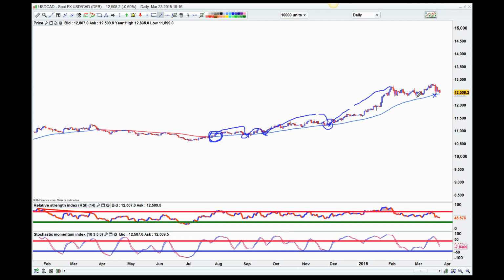So one more, don't forget what we said about waves in the past. The pullback is generally complete after a 3-wave move. So we had 1, 2, 3 here, break.